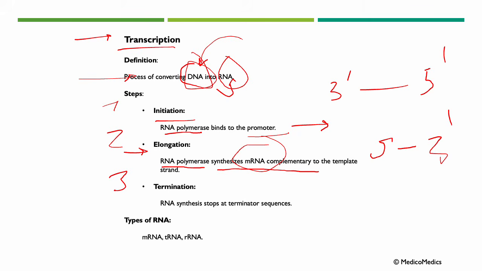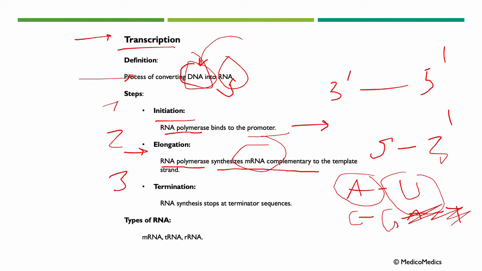And the RNA sequence follows the base pairing rules that we mentioned before, where adenine pairs with uracil instead of thymine, because we're talking about the RNA sequence now. When we talked about DNA, we said that adenine was paired with thymine. All right? But now it's adenine pairing with uracil. And cytosine pairs with guanine.